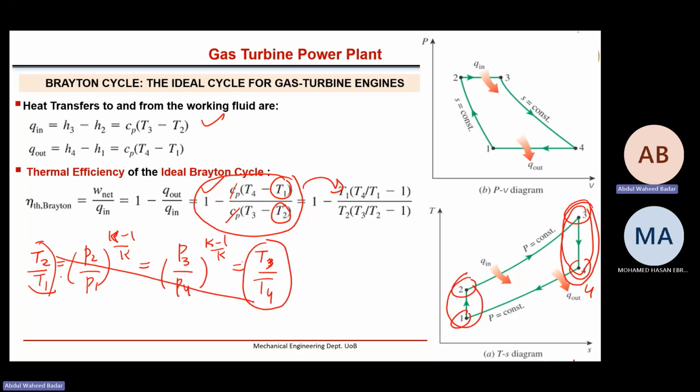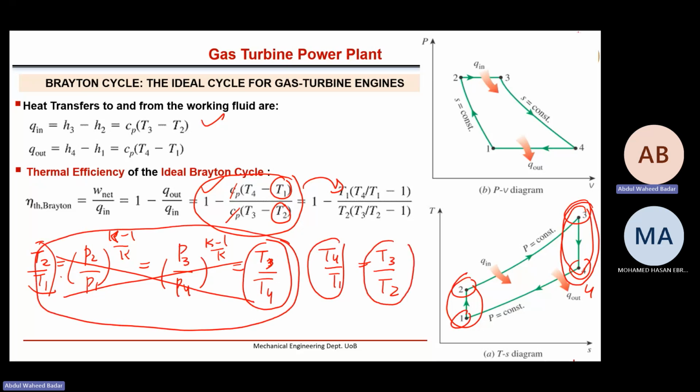If you cross multiply, T4 by T1 is equal to T3 by T2. So this whole term will cancel with each other for these three major assumptions.